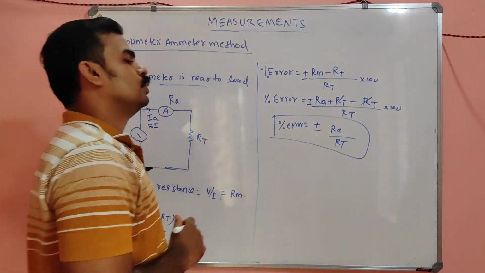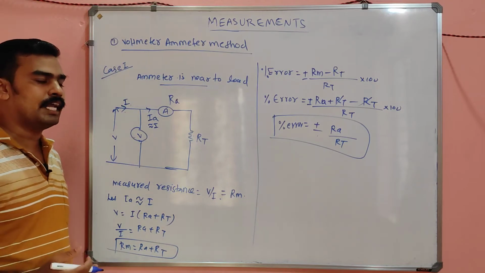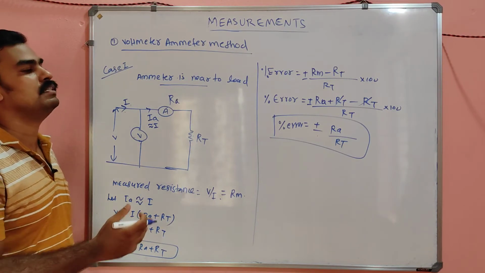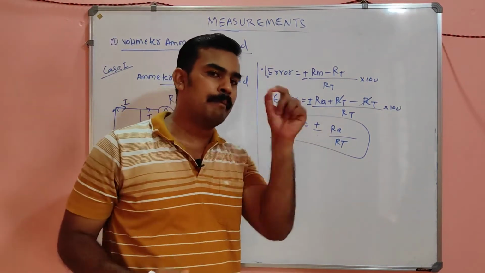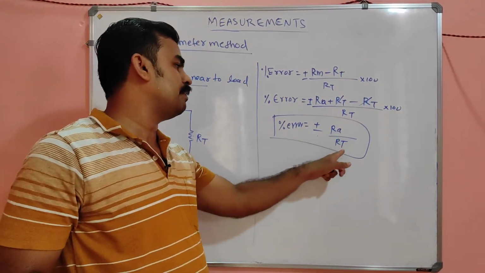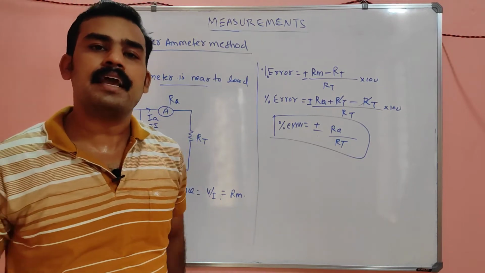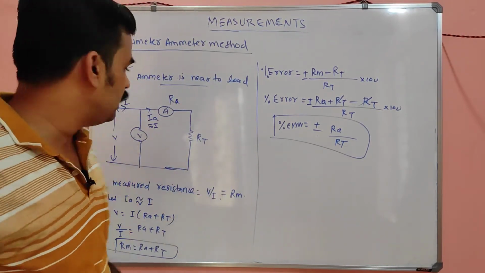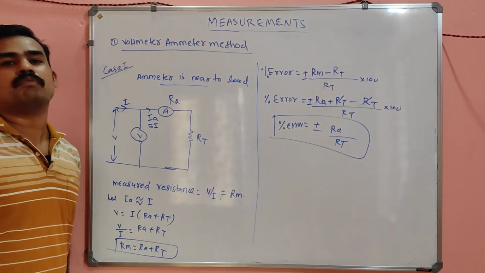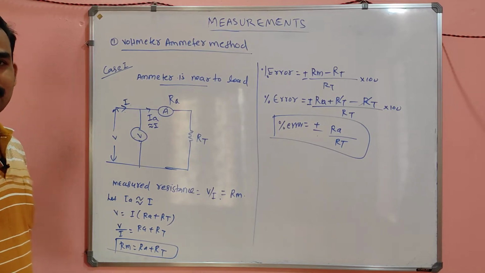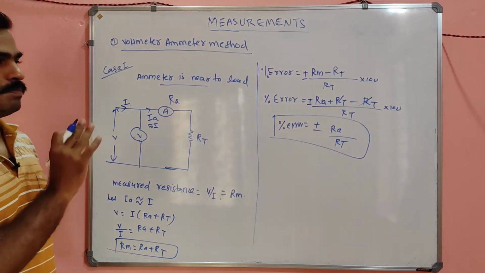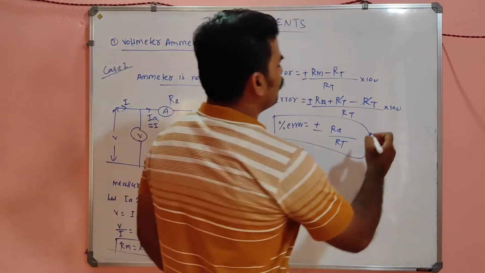Percentage error in the voltmeter ammeter method, when the ammeter is near to the load end, means there will be error due to the ammeter resistance. That error is plus or minus RA by RT. While measuring the true value of resistance or test resistance, we will face an error which is plus or minus RA by RT. You just remember this.